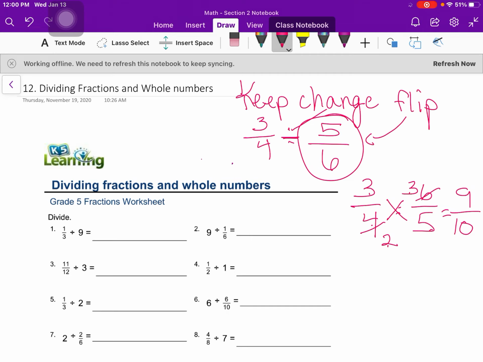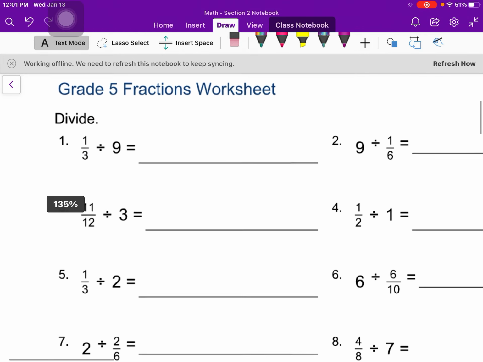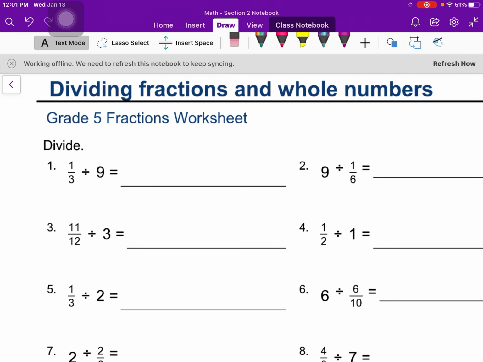So how does that look when you have whole numbers then? Well, in this first one, remember, if I'm going to keep, change, flip, we have to remember what we know about reciprocals, right? So if I have 1/3, and I say keep 1/3, change the division to multiplication, and then I have to flip this.